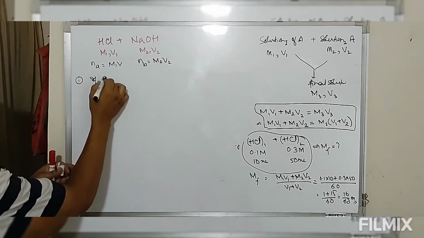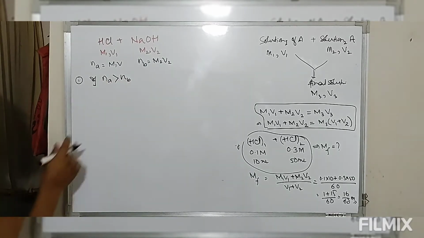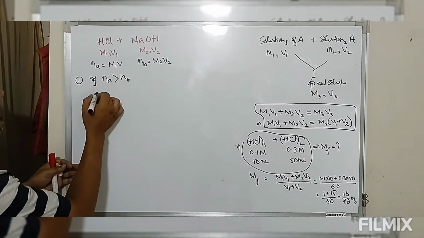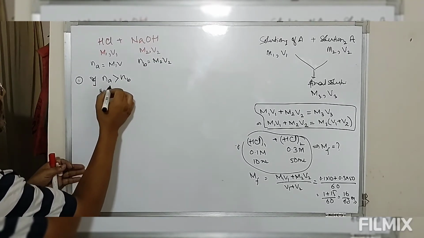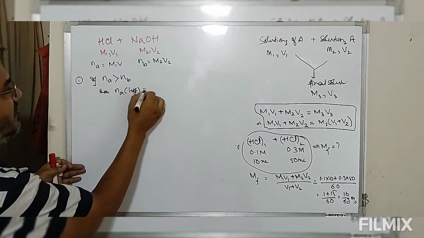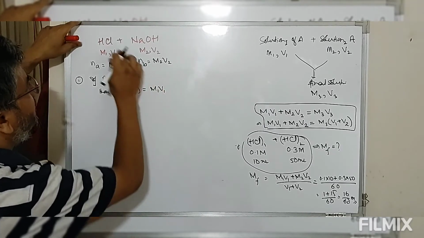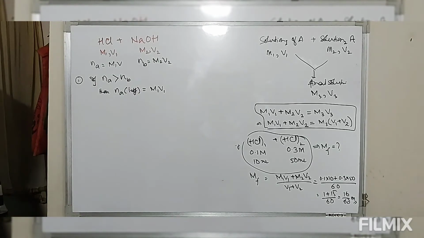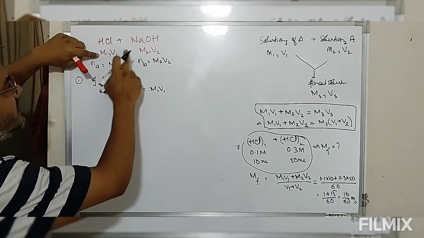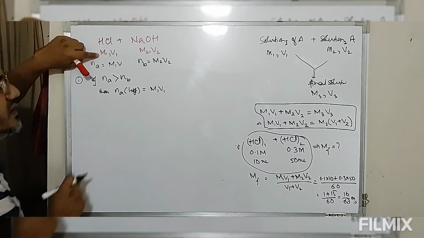If NA is greater than NB, that means the base is the limiting reagent. So if NA is greater than NB, then the number of moles of acid left will be equal to M1V1. Now look at this, acid plus base, so we have a neutralization reaction. Out of this M1 and V1, M2V2 will be consumed by the base.